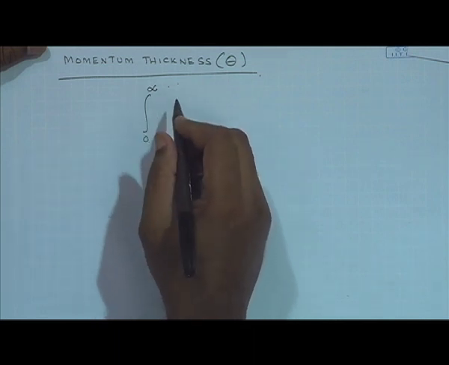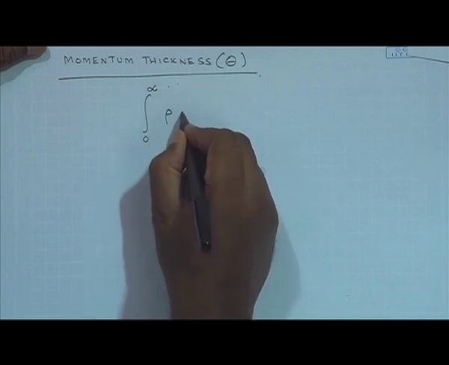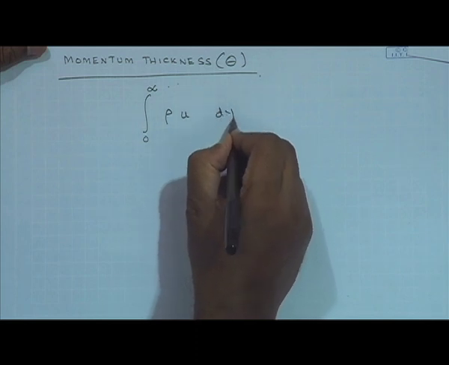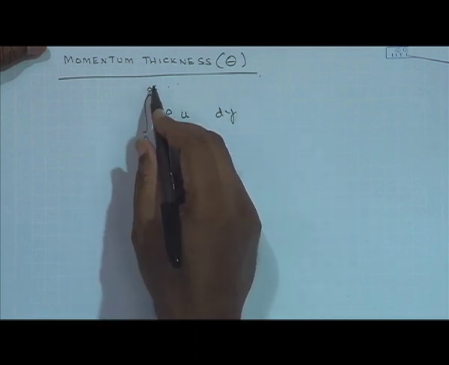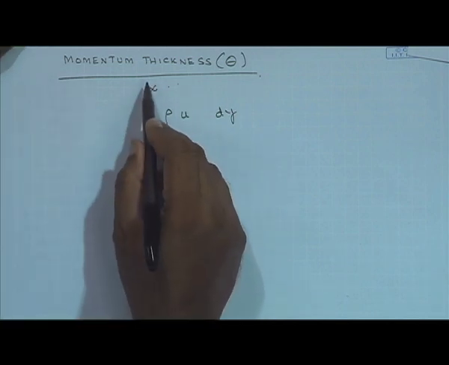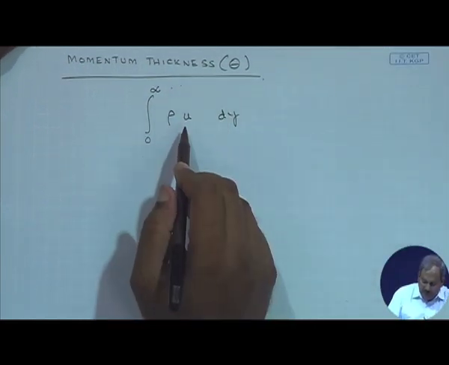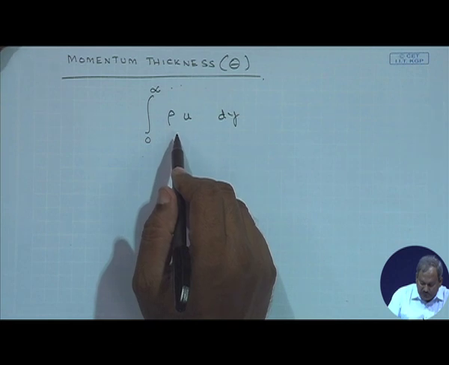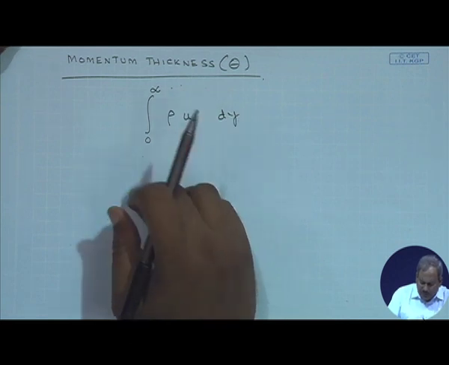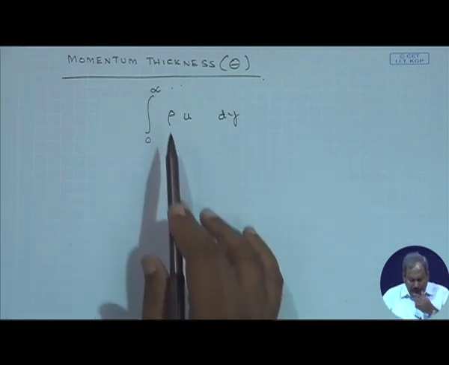So, the actual flow which is taking place inside the boundary layer is the integration of rho times u times dy, where y varies from 0 to infinity. The infinity is put mathematically, because only at infinite distance the velocity becomes equal to the free stream velocity. But we artificially put a condition where the velocity reaches 99% of the free stream velocity, so we can later on convert this integral to 0.99 or so.